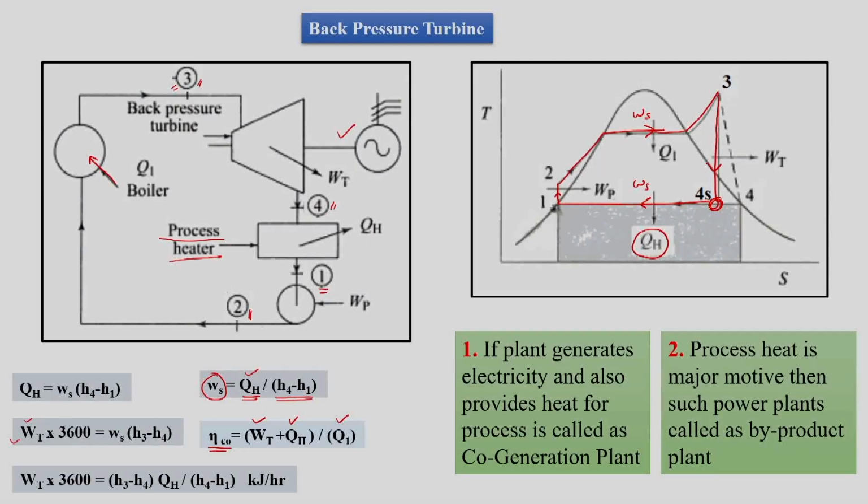A process needs high temperature steam, a constant temperature source, and that steam will be available if we work at pressures higher than atmospheric pressure. So a back pressure turbine will generally have exhaust pressure more than atmospheric. Such turbines, where exhaust is given at more than atmospheric pressure and the steam is used for the process, are what we call back pressure turbines.